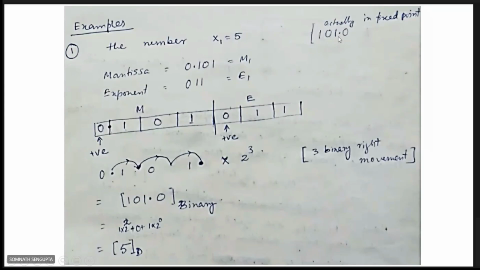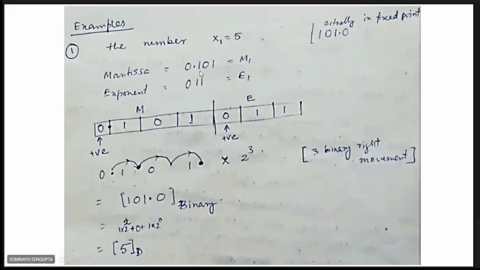In fixed point, it is represented as 101.0, that is, the position of the binary point is fixed. Here the magnitude may vary, but we just take this magnitude 101 in the mantissa. So it becomes 0.101 in the mantissa.